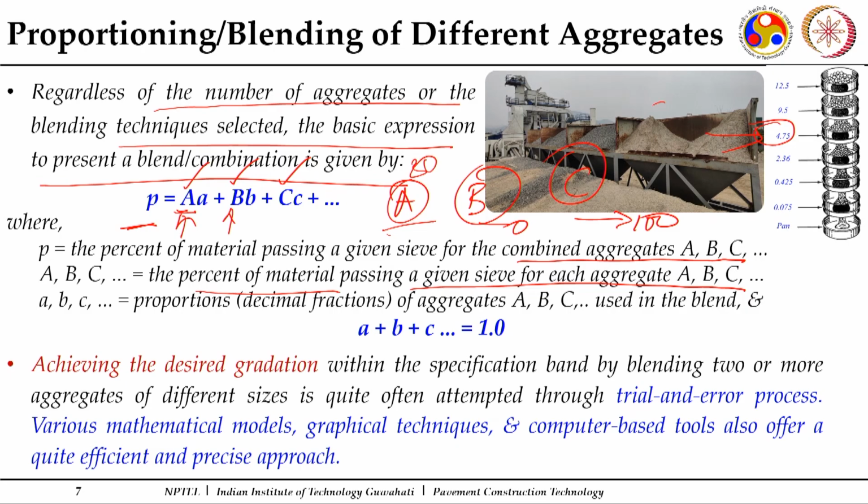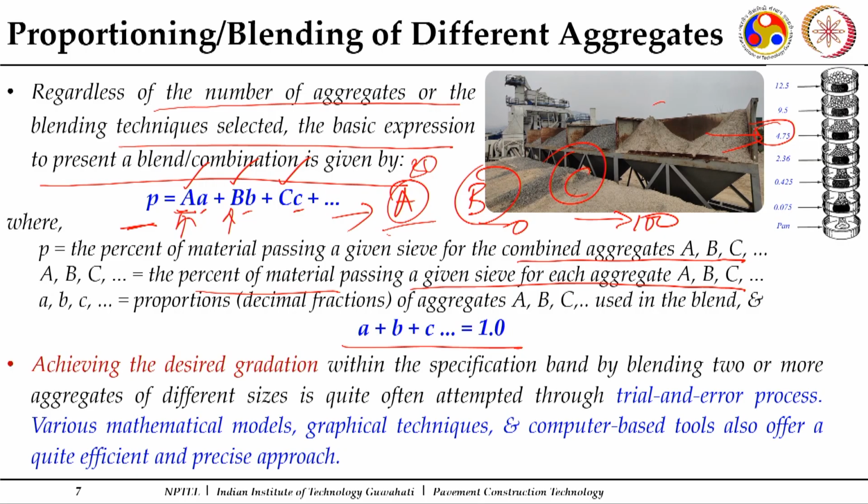So, 3 stockpiles of aggregates are used, and now I want to show if I combine them in a particular proportion. What proportion am I using? A, B and C, and this A plus B plus C has to be 1, because when they are combined together, finally this is to come up as 1.